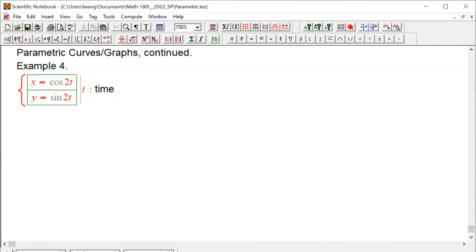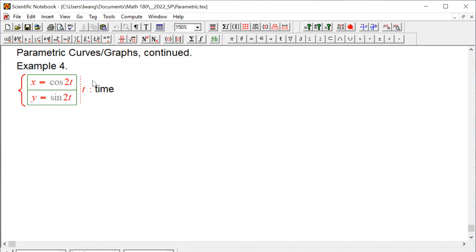So what will happen? What will be the consequence if there's a particle that goes about the trajectory mapped by x and y? What will be the trajectory? What will be the curve? That's what we're going to go about. What's the difference between this one and the one we did earlier?